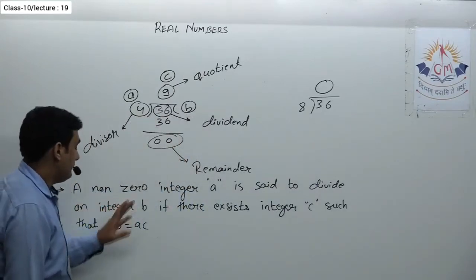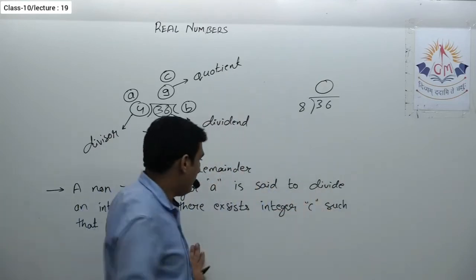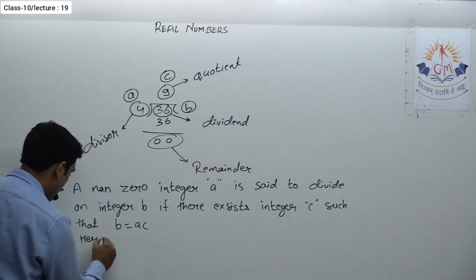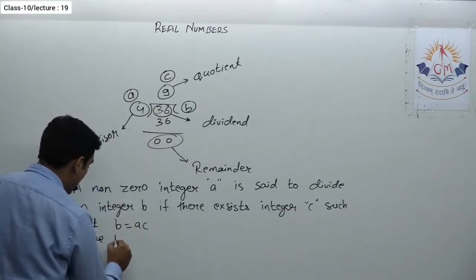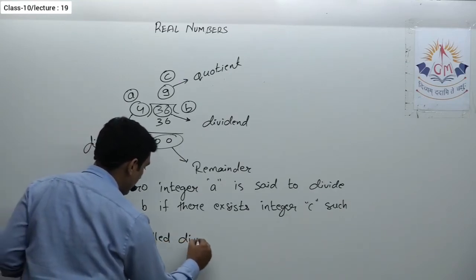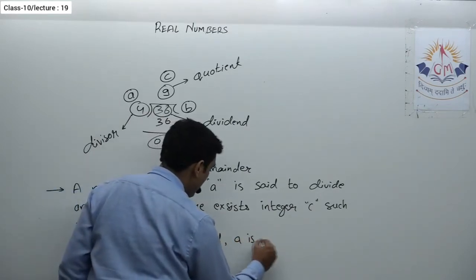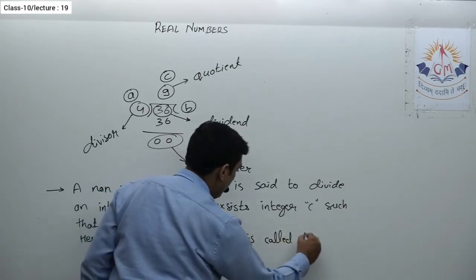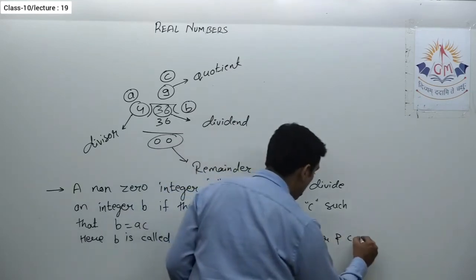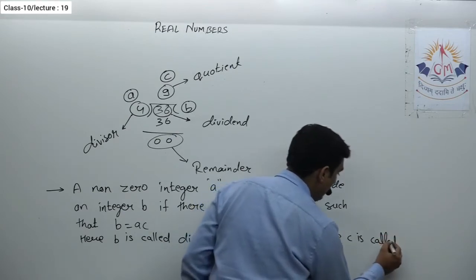So now after noting down this, you have to write here: this B is called dividend. Okay, A is called divisor, and C is called quotient.